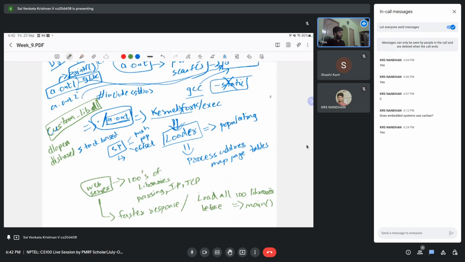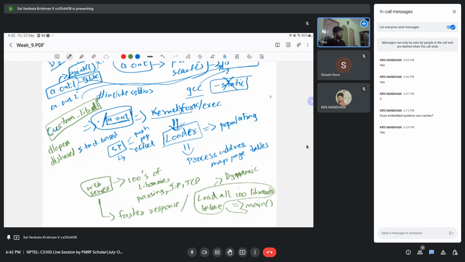So loading will take a significant amount of time, and it will have an impact on the response time. To overcome this, they do dynamic loading.